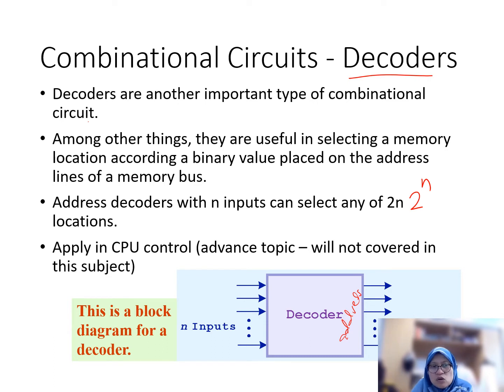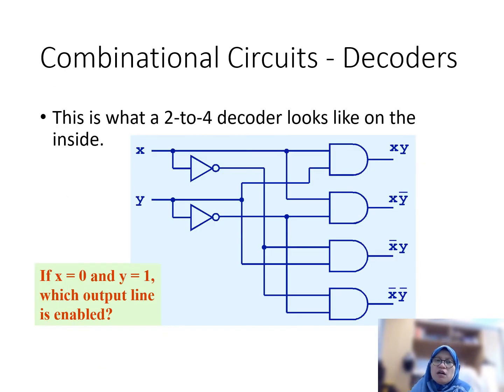These decoders can also be applied in CPU control, which is an advanced topic that will not be covered in this degree subject. The figure here shows the block diagram for a decoder. One example is a decoder with 2 inputs and 4 outputs, which we can call a 2 to 4 decoder.